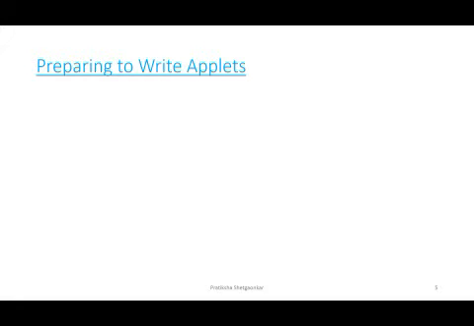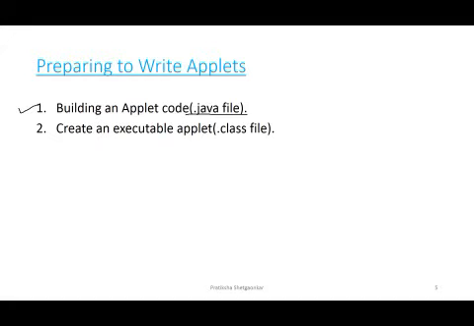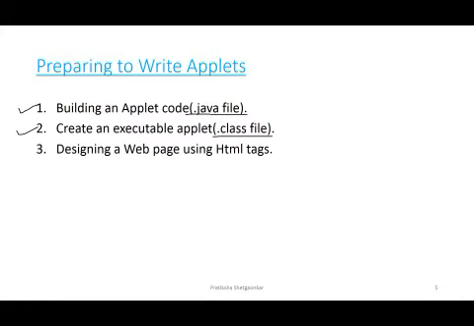The first step is to build the applet code, that is a .java file. Second, we need to create an executable applet, that is a .class file, by compiling the Java code written in the first step. Next, once we have the .class file, we need to embed it into a web page or HTML document using HTML text.